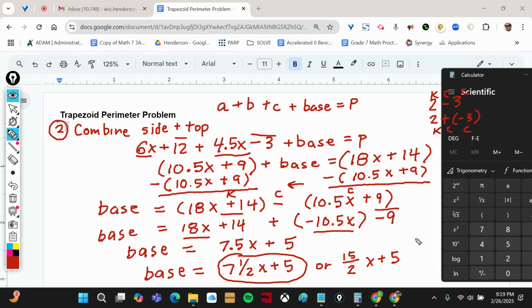But boom, there it is. Boom, there it is. So make it neat in your notes.